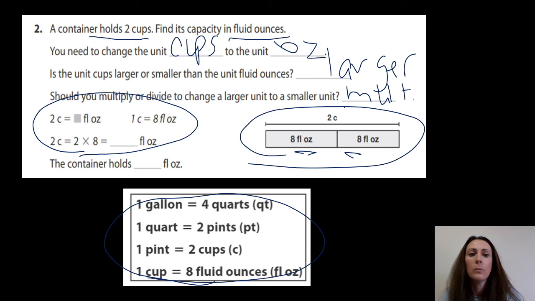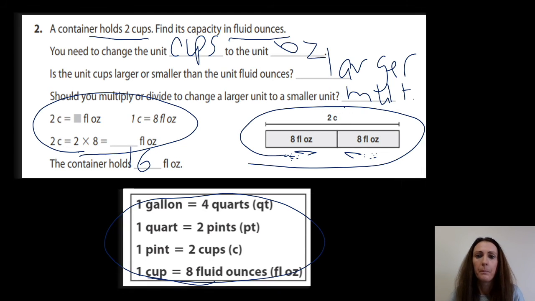So that's why you multiply. You go 2 times 8 because you have 2 cups and there are 8 ounces in each cup. So therefore your container holds 16 ounces.